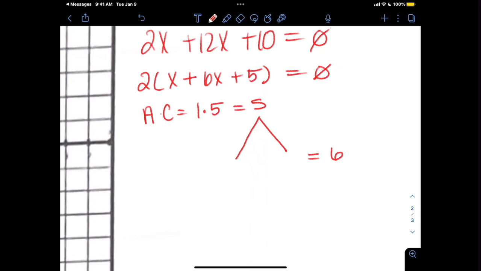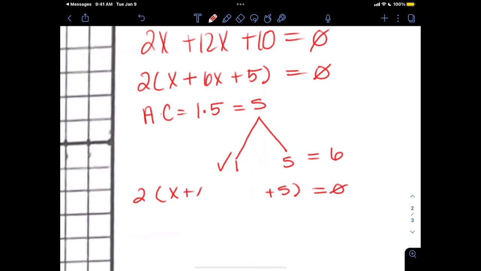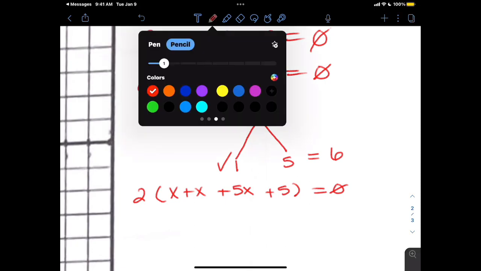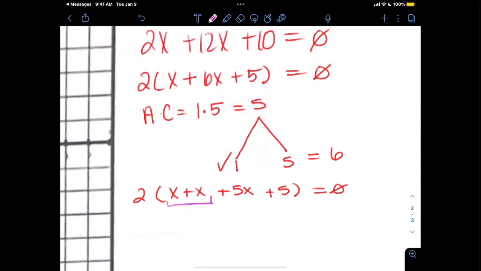So I'll start at the beginning, 1 and 5. 1 times 5 is 5. 1 plus 5 is 6. Those are my numbers. Now I'm going to take the inside of the equation and I'm going to split it apart into 1 and 5. Now I'm going to go ahead and I'm going to factor each 2 sets.